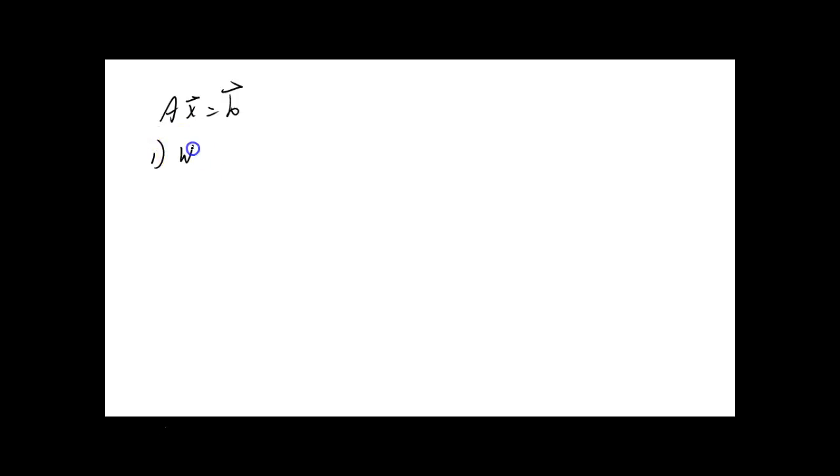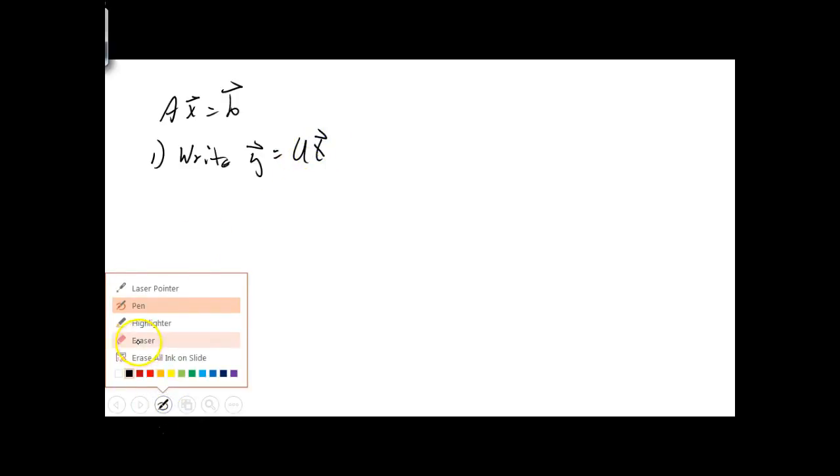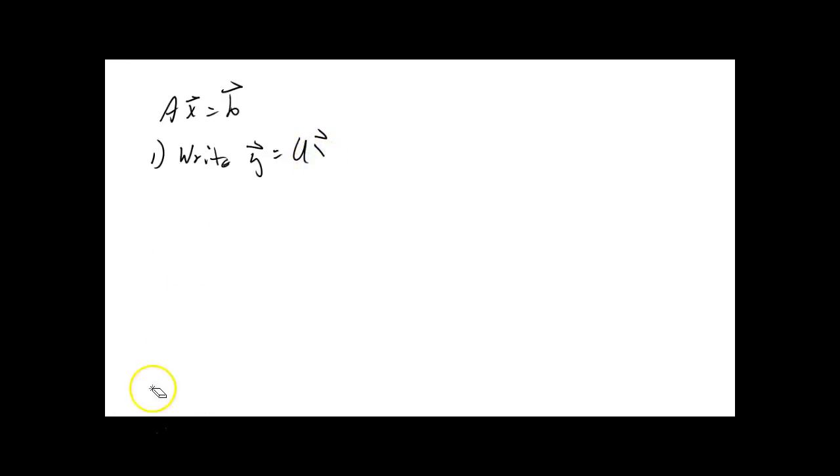First, write. Okay? I know some of you have ebooks, but I can't tell if you all do. So write y, and this is a vector y, is equal to that upper triangular matrix U times x. I'm sorry, it should be just x. That came out pretty ugly. Let's see if I can clean that up just a little bit.